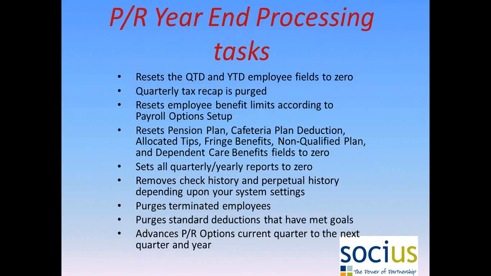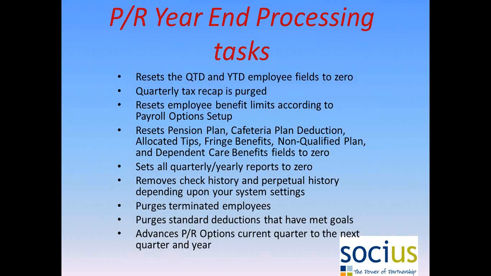During period end processing in payroll, the quarter-to-date and year-to-date employee fields are reset to 0. The quarterly tax recap is purged. The employee benefit limits are reset. It also resets the fields to 0 for the pension plan or cafeteria plan deductions, any deductions that have a limit.